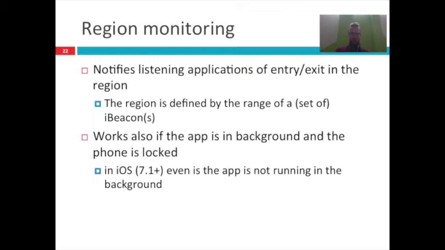This is interesting because it works also if the app is in background and the phone is locked, so that you can actually trigger notifications to the end users based on proximity with a given set of iBeacons devices. And in iOS, from the version 7.1 onwards, this works even if the app is not running in the background.